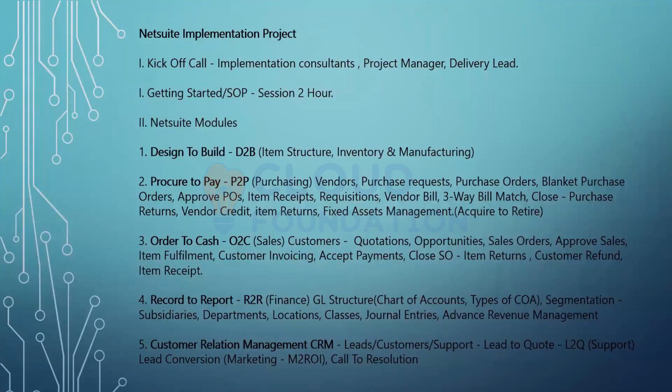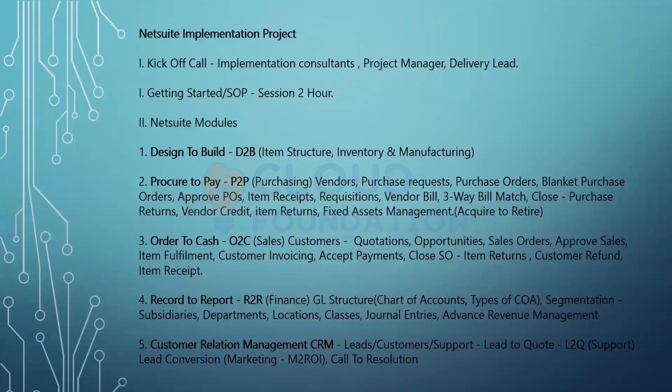There are non-inventory items as well. You have the service item, a non-inventory item, a charge item, a discount item. This is the entire structure, as well as the costing of that item. It could be a standard costing or an average costing. I'll let you know what all those things are while we deal with the item structure, whenever we are creating the items.